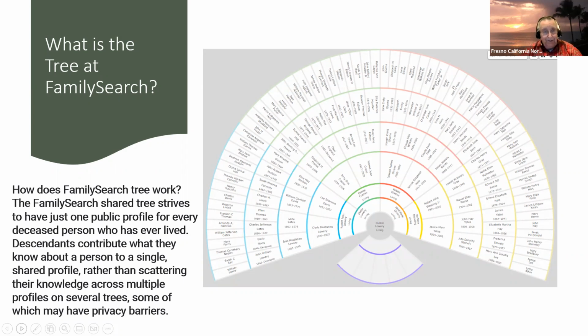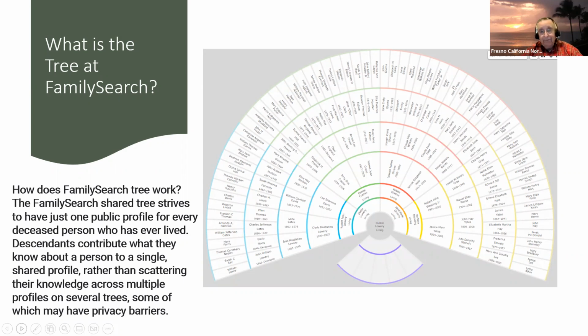How does it work? Well, the first thing is it's a shared tree, and FamilySearch strives to have one public profile for every deceased person. I put in here that's ever lived, but let's just say for every deceased person that's in the tree, all the 1.7 billion of us, they try to have one profile for each of those deceased people.